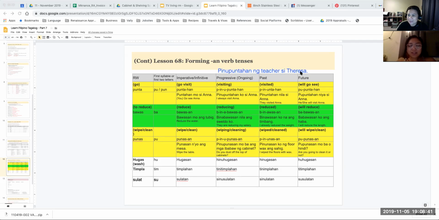It's confusing because in English, kasi, subject, you know that is who we're talking about. There's a subject, there's an object. In Tagalog, we don't call it a subject.